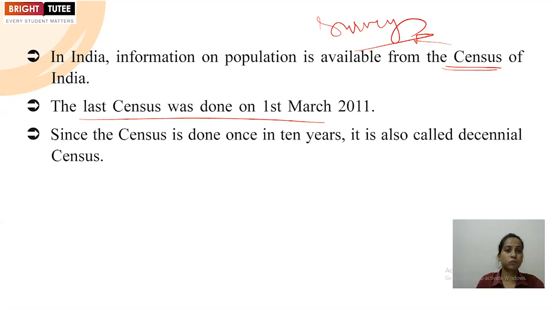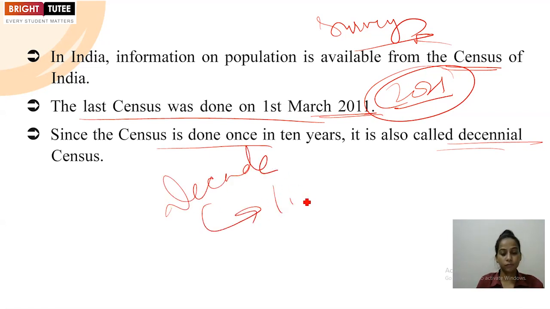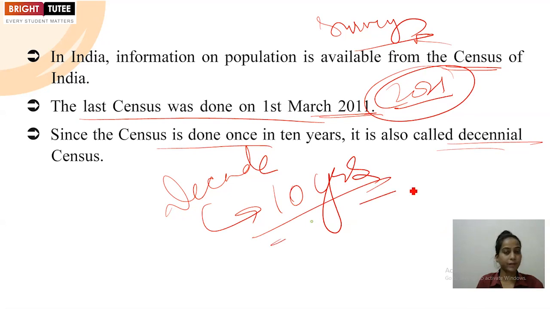It was supposed to be done in 2021, but due to the pandemic it might be delayed, and we'll see when it is going to be done. But the last was done in 2011. As we know, the census is done once in 10 years. What do we call it? We also call it the decennial census, because we use the word decade for 10 years.